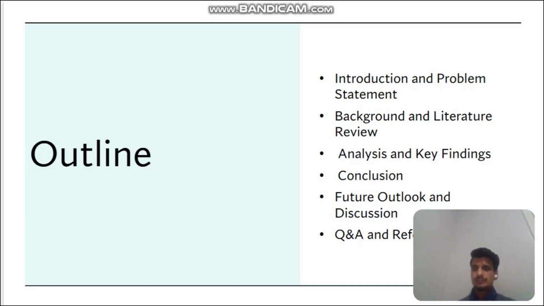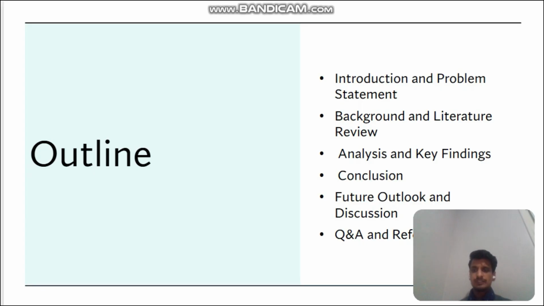And the second is background and literature review. We are gonna see the background of the topic, what work has been done, how the data was collected in previous eras, and how the literature review is going in this era of AI.